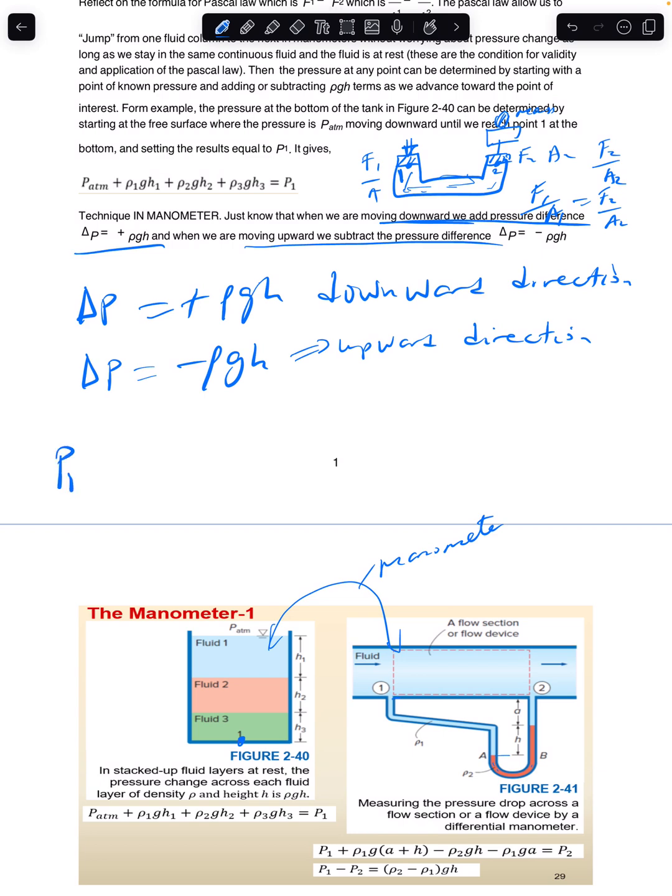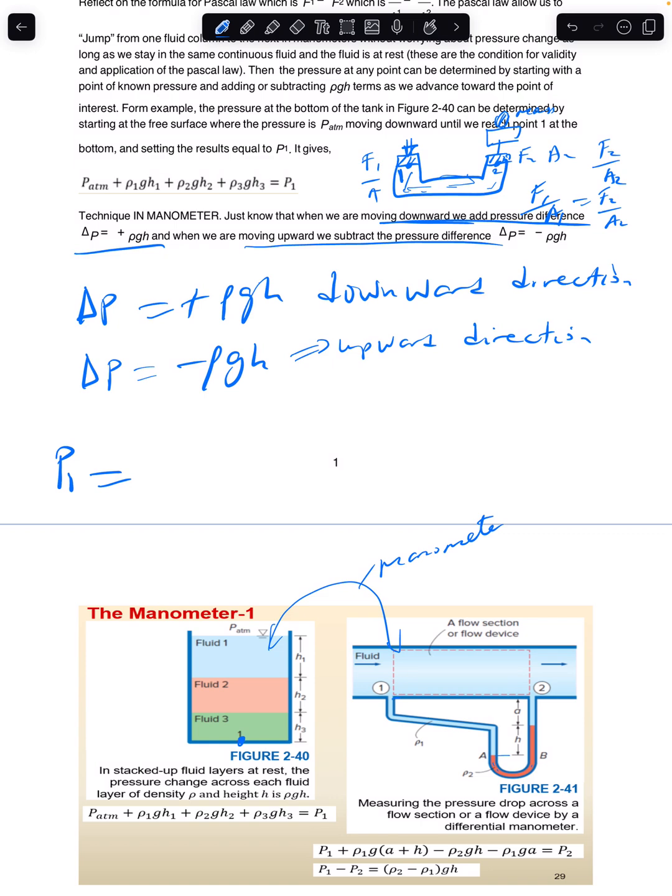We must say point 1 if we need to find the pressure for point 1. We have to be looking at the movement of the fluid. And if the fluid is coming downward, the pressure difference or pressure variation is added. If the fluid is moving upward, the pressure difference is subtracted. That is just a technique.